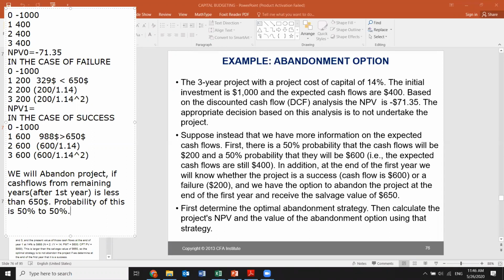So 50% that it will be success, 50% it will be failure. So that means overall NPV is equal to, we need to calculate using the probability values.